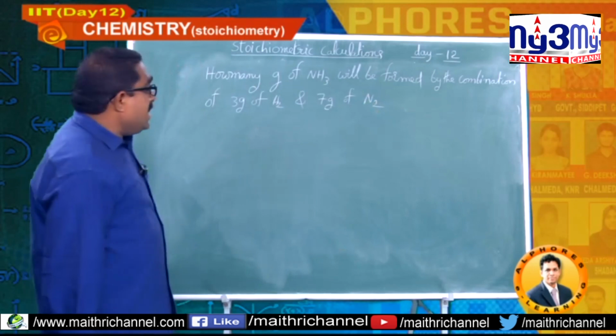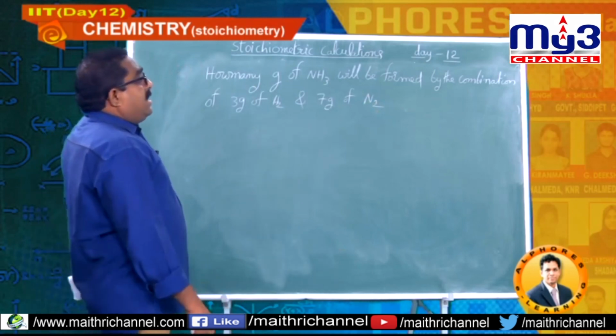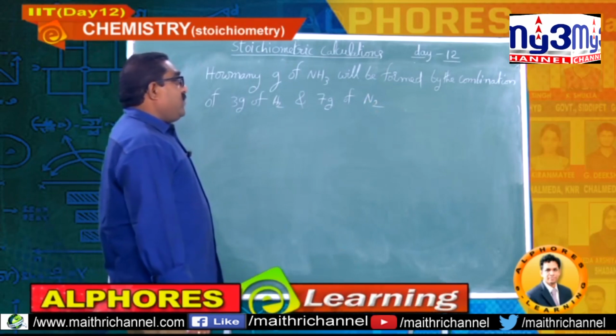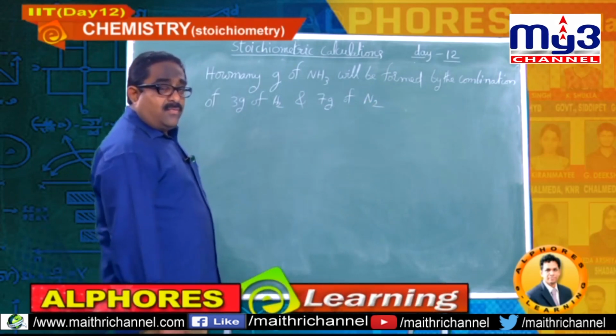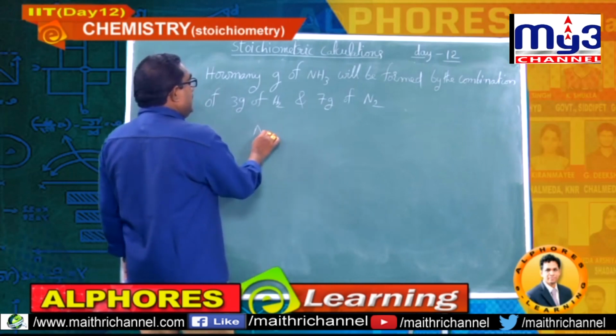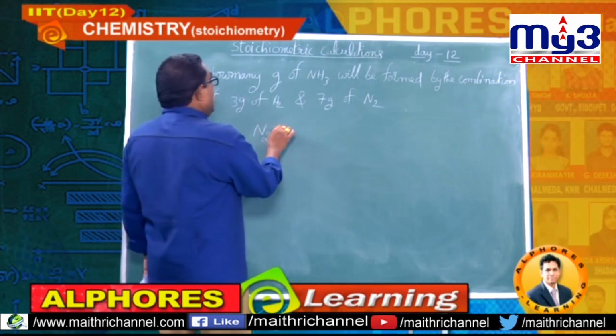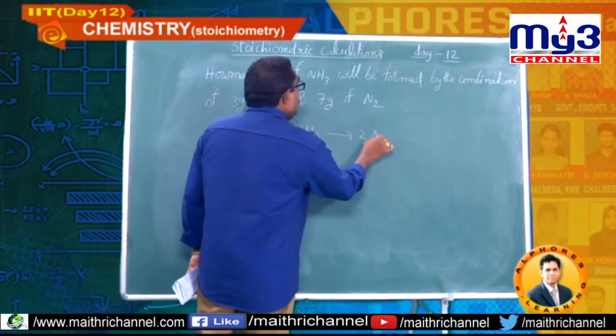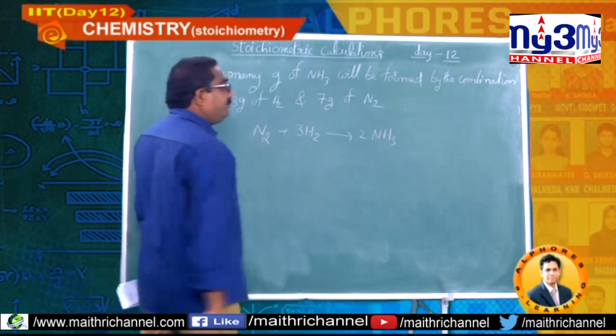Now, how do we write the reaction for the formation of ammonia from nitrogen and hydrogen? So I am writing the equation here: nitrogen plus hydrogen combine to form ammonia.